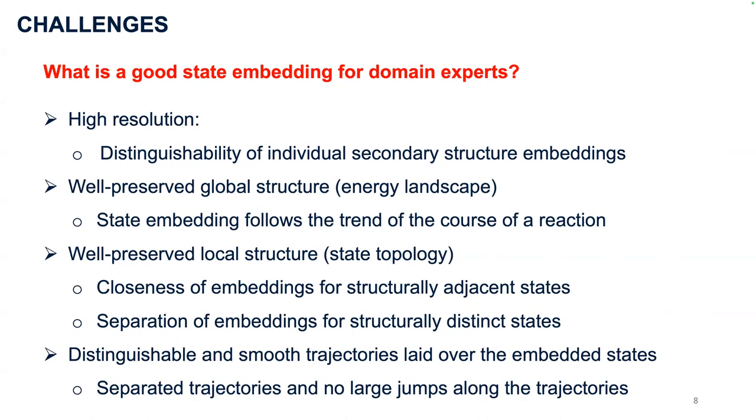A good embedding should also preserve local structure, which means that neighboring states should have similar structures, differing by only a few base pairs, and states that are far from each other should have very different structures. What's more, a good embedding should also lay out the trajectory smoothly, with no big jump between the elementary steps.